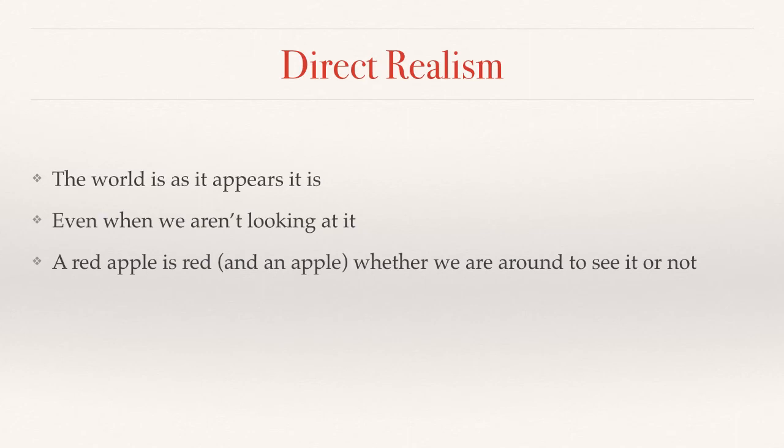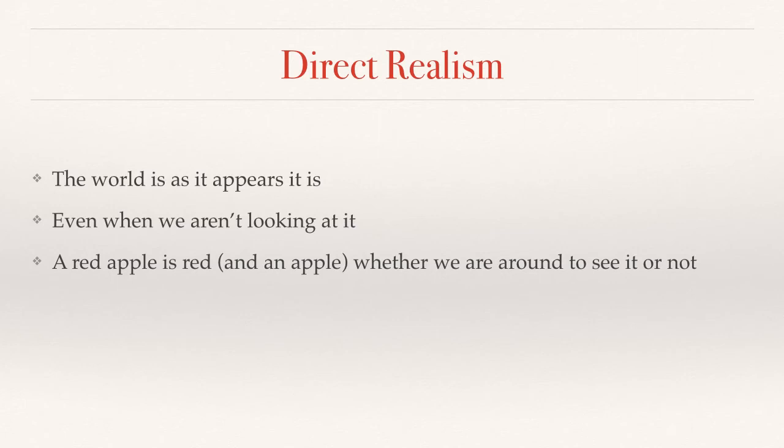Common sense says, yeah, the apple's still there. Is it still a sphere or having that shape that I perceive? Common sense is, yeah, of course it still has that shape. And direct realists say, and also it's still red, even when you're not looking at it. So it just is that way. And then when you look at it, it's just like moving a window to reveal the thing that's there.